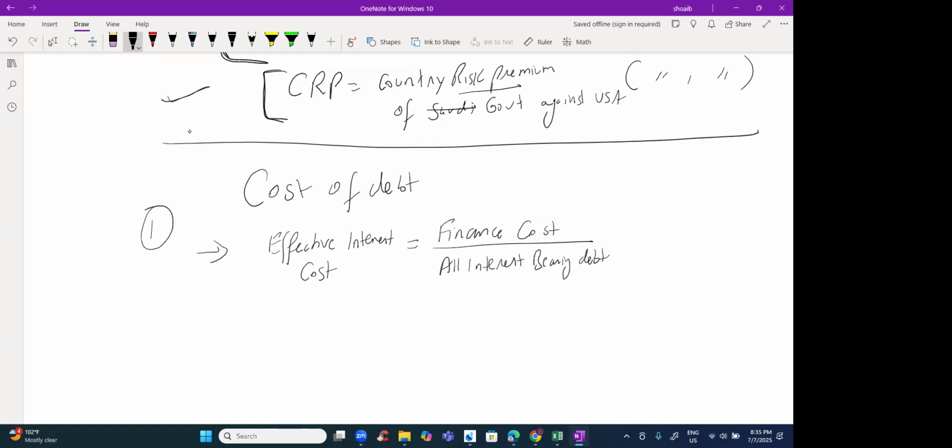Okay. Calculate the effective interest cost. And cost of debt would be the after tax cost of this: effective interest rate into (1 minus t). This is the simplest approach.